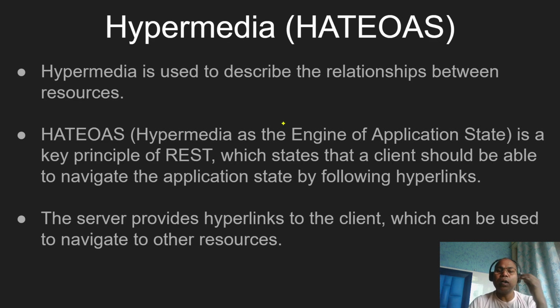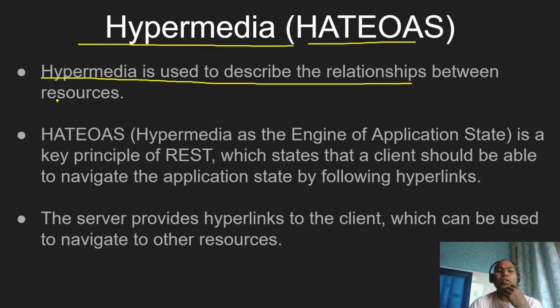And last but not least, there is hypermedia, or HATEOAS. Hypermedia describes the relationship between resources, like user resources. You can get the users, maybe a user by a particular ID or by a particular filter. In those scenarios we need to know what the next link URI would be.